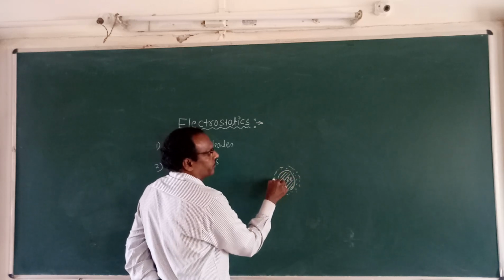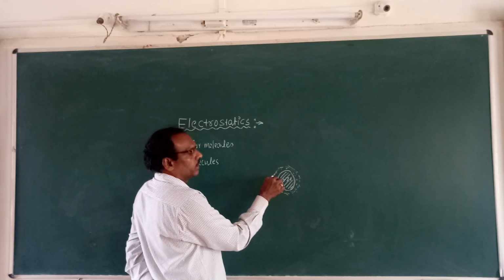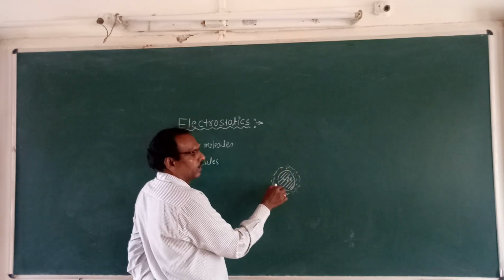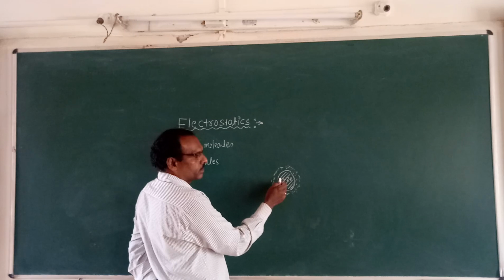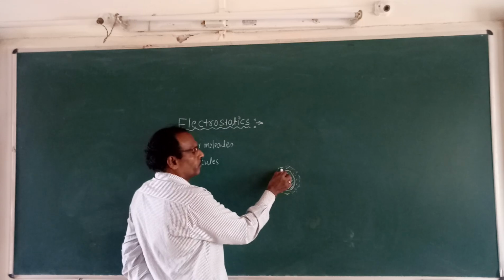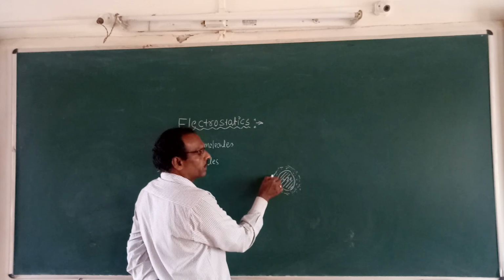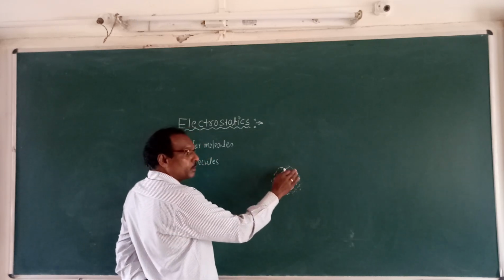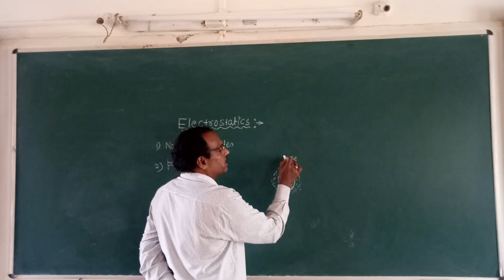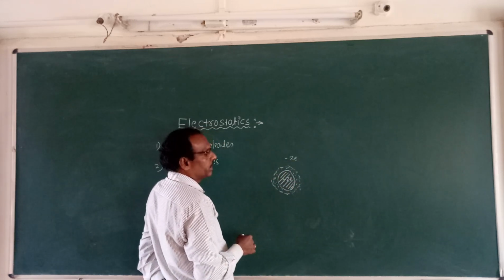We know that electrons are revolving around the nucleus in circular-like orbits, and we have studied this. Outside the nucleus we have a cloud-like picture, and this cloud has a negative charge, minus Ze, where Z is the atomic number.